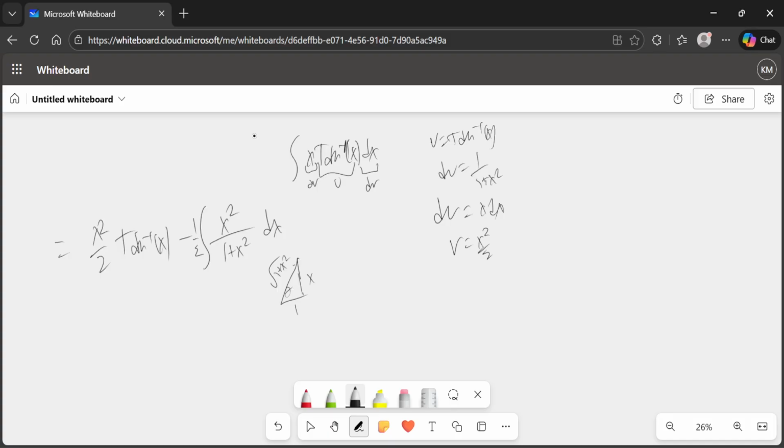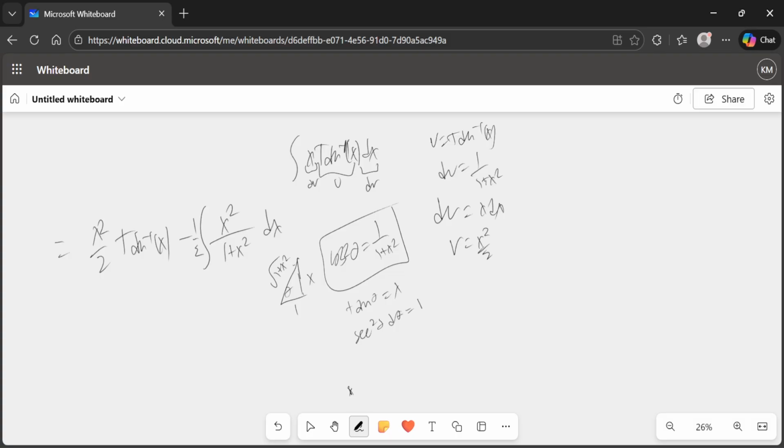Let's make sure we're doing it correctly. So cosine squared theta is equal to 1 over 1 plus x squared. Box that. Okay. And then tangent theta is equal to x. So secant squared theta d theta equals dx.